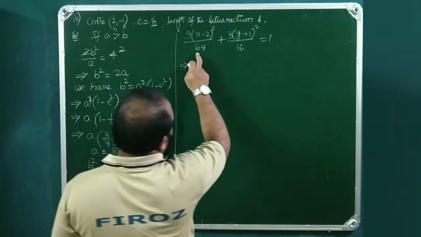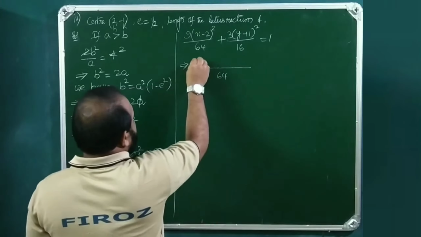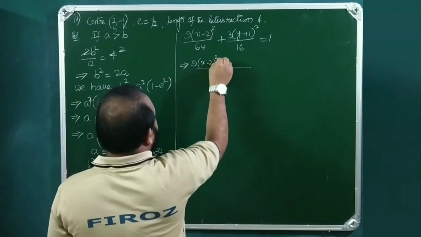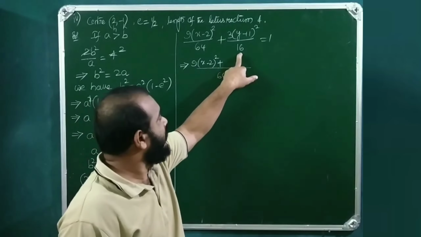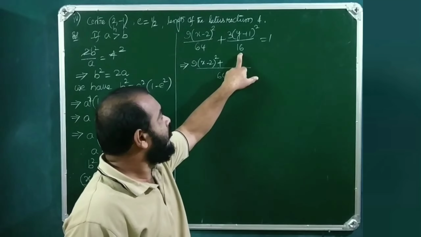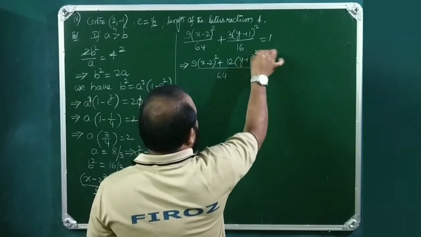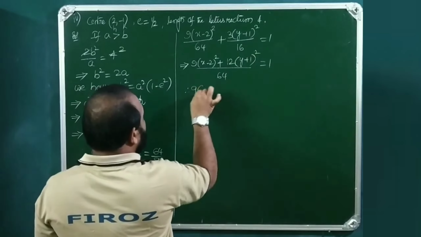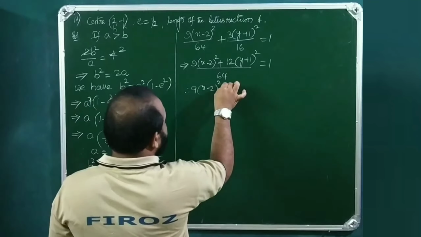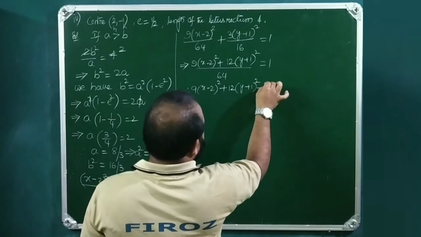The LCM of 64 and 16 is 64. This is 9 into (x minus 2) whole square plus 64 by 16 is 4, 4 3s are 12, into (y plus 1) whole square equals 1. Therefore, 9 into (x minus 2) whole square plus 12 into (y plus 1) whole square is equal to 64.